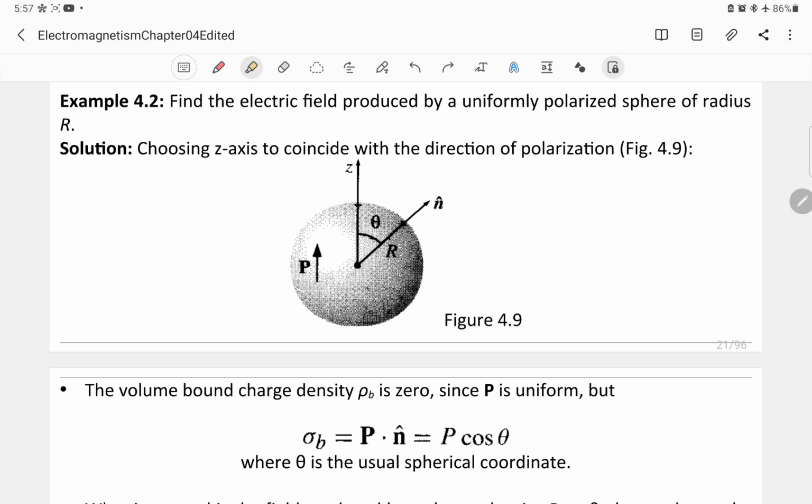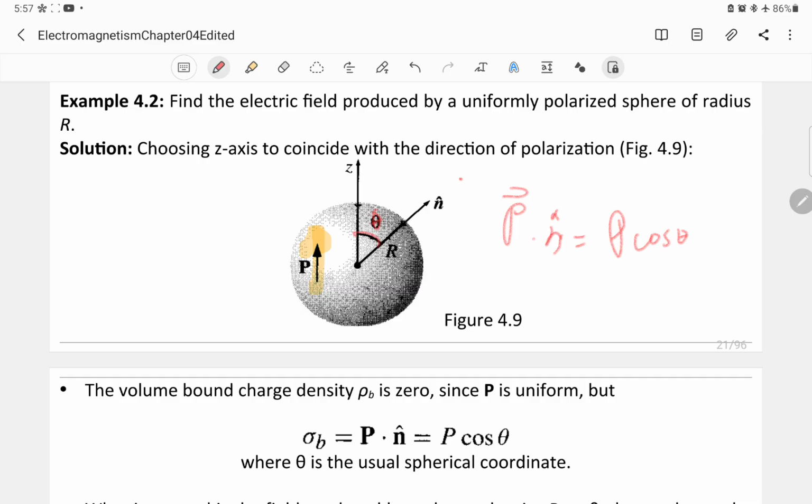If we choose the z-axis to coincide with the polarization, here is the direction of polarization, and the point is somewhere here, so this will form an angle theta, so that P dot n would be just P cosine theta.